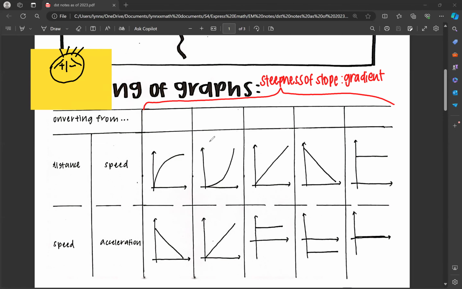A vertical line. What kind of gradient does a vertical line have? Yes, undefined gradient. And the last one, a horizontal line. What kind of gradient is it? 0 gradient. So far, so good?